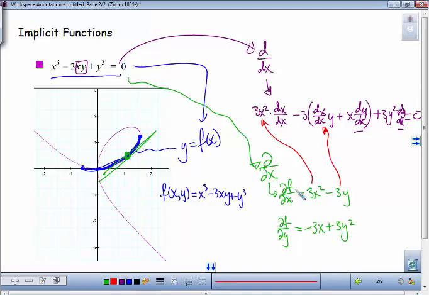So it looks like the df dx is getting multiplied by dx dx. And then if we remember to bring in this negative 3 over here, this is a negative 3x, and then this is a 3y squared, and that's being multiplied by dy dx.